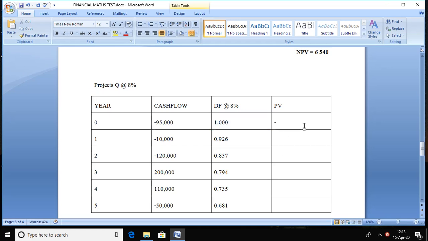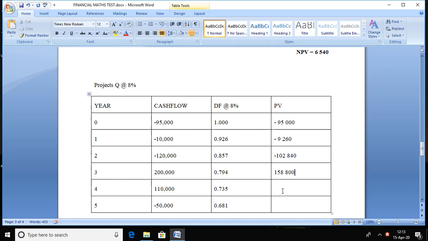That's going to be a minus 95,000. Multiply there, it's going to be negative 9,260. The next one is also a negative 102,840. The next one, 200,000 by that, is going to be 158,800. Positive value, 158,800.